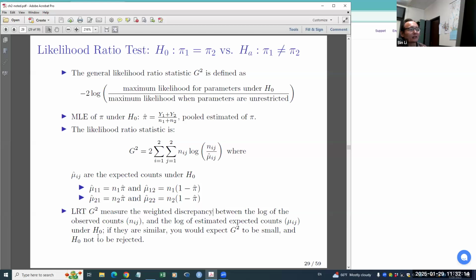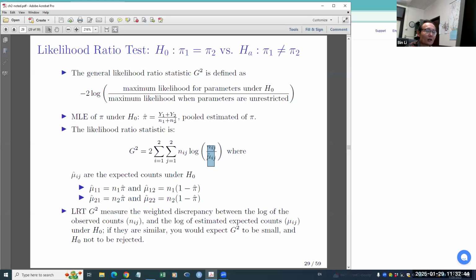Okay, so the likelihood ratio test statistic G squared measures the weighted discrepancy between the log of the observed and the log of the expected counts, right? The weights are the observed counts, okay? This is the ratio of the observed and the expected.